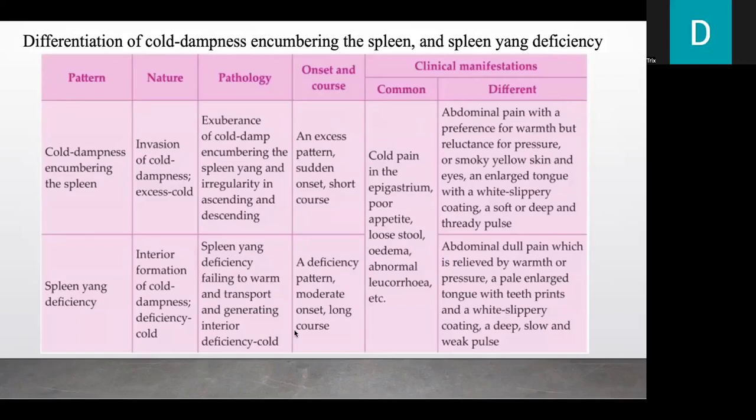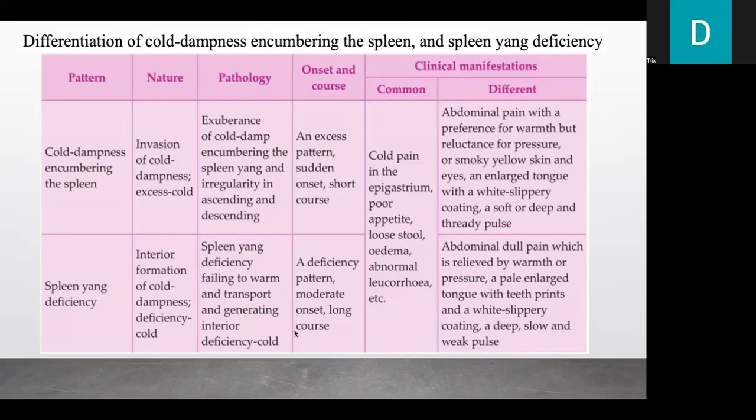In the spleen yang deficiency pattern, the nature would be interior formation of cold dampness, deficiency cold. The pathology would be spleen yang deficiency, failing to warm and transport and generating interior deficiency cold. The onset and course would be a deficiency pattern, moderate onset and long course.